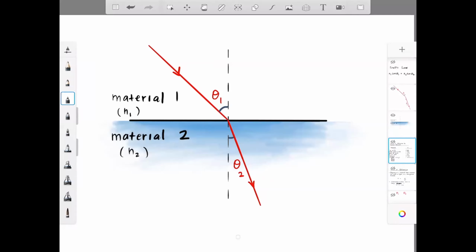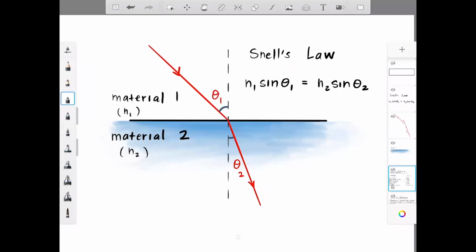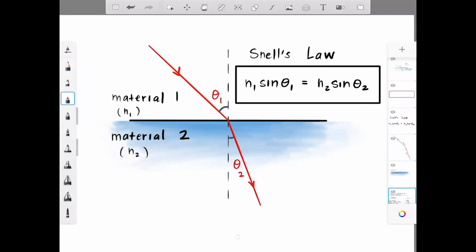So that first angle of incidence will be what I'm going to call theta 1, and the angle of refraction would be theta 2. The formula that dictates how this behaves is known as Snell's law, which looks like this. N1 sine of theta 1 equals N2 sine of theta 2.